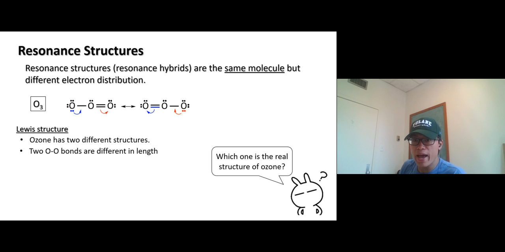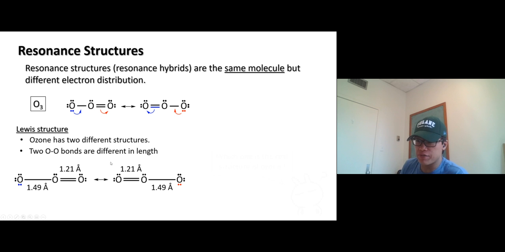You can search Google for the length of the oxygen single bond and the oxygen double bond. They are different. The single bond is longer, the double bond is shorter. So the Lewis structure suggests that in the structure of ozone, one bond is longer than the other. That's my point. There's 1.21 angstrom, and the other one 1.49 angstrom.